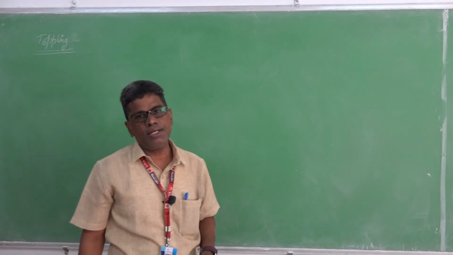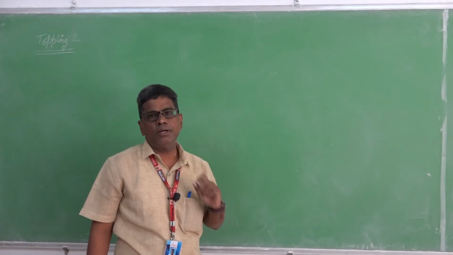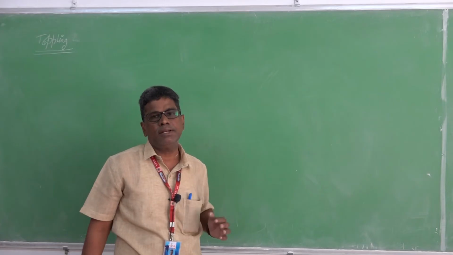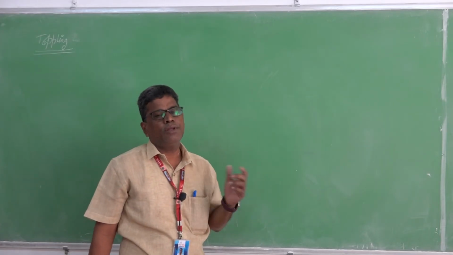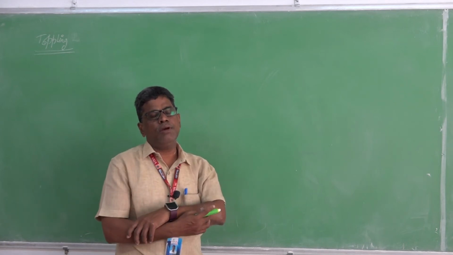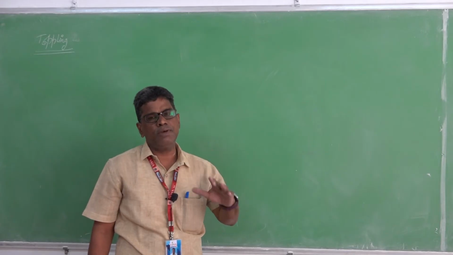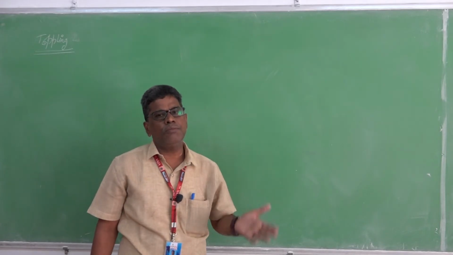Suppose in which case a body topples. A body has either translatory motion or rotatory motion. That depends upon the magnitude of the force and the point of application of the force, that means where this force is acting on the body.